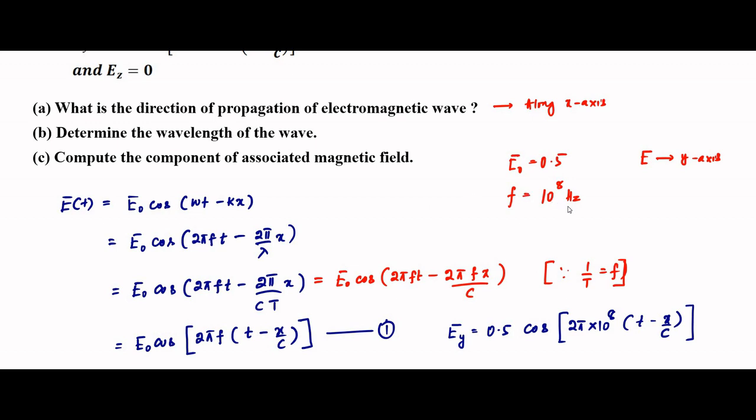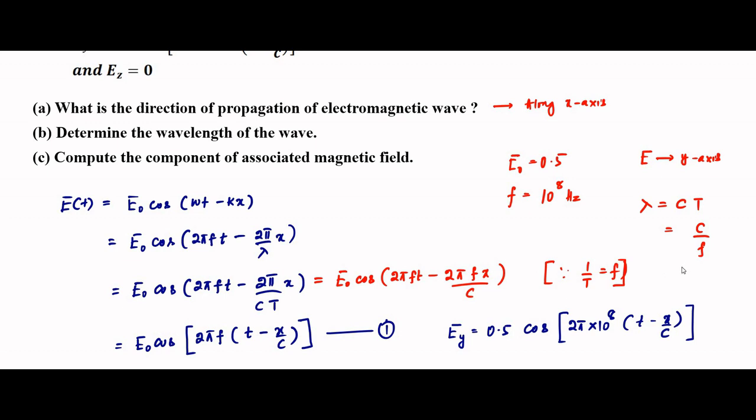Frequency is equal to 10 to the power 8 hertz. We know wavelength lambda is equal to cT, the product of speed and time period, which we can write as c by f, because time period is the reciprocal of frequency.